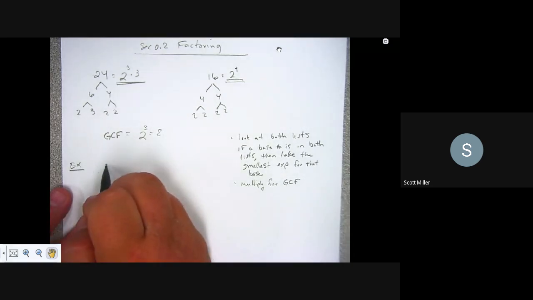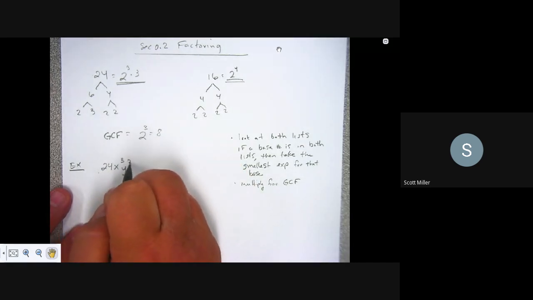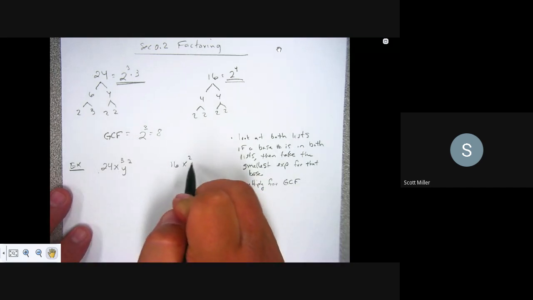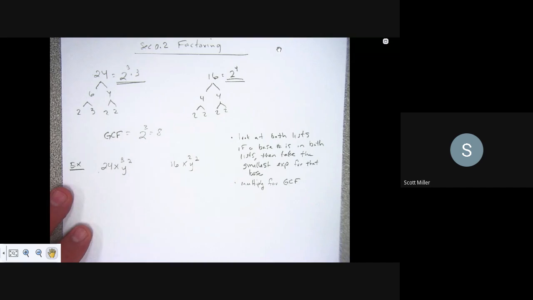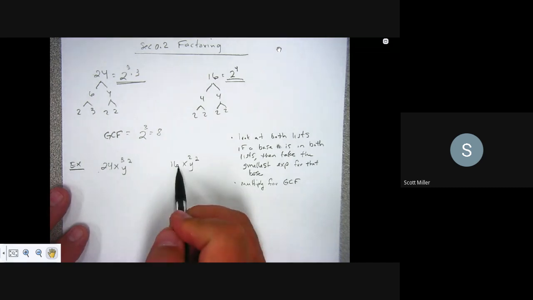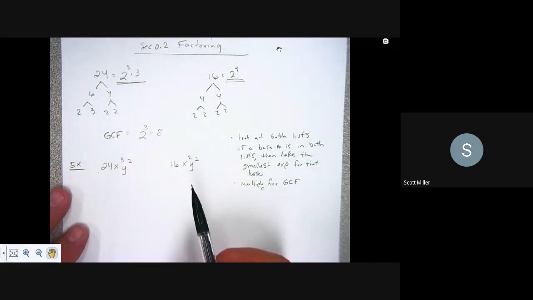So instead of 24 and 16, let's say one expression is 24x to the third y squared. And the other one is 16x squared y squared. So we still have the number 24 and the number 16.